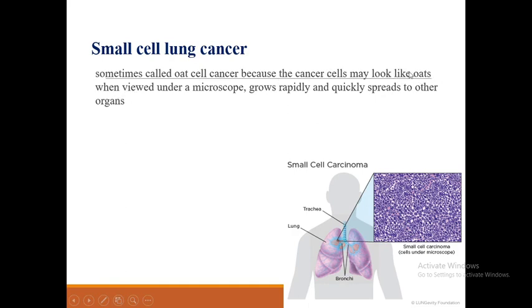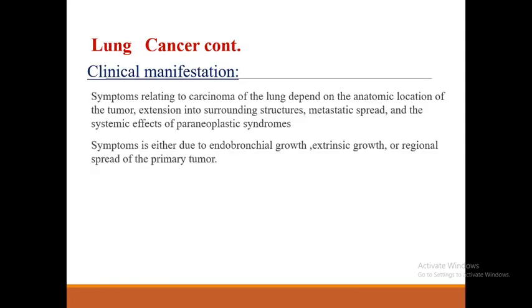I'm sure you know oatmeal and oats. Refer to this diagram to see what the cancer cells look like. They look like oat seeds when viewed under a microscope. Small cell lung cancer grows rapidly and quickly spreads to other organs.